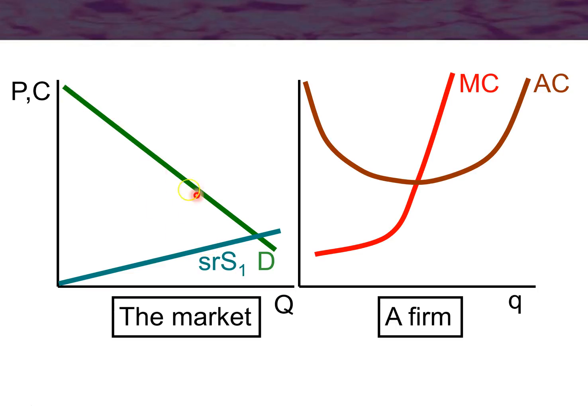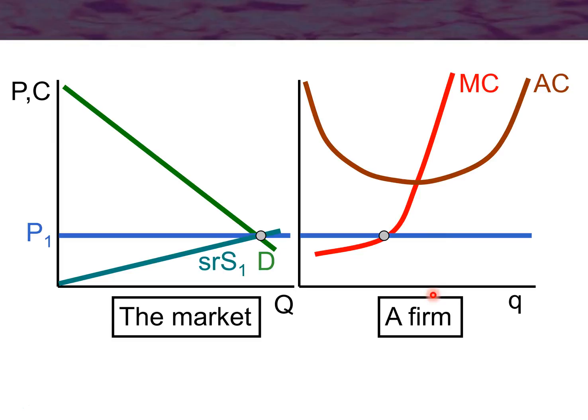This is the supply and demand curve for an industry, and this is going to be for a perfectly competitive firm. And you can see this is establishing the market price, and this is going to set the price for the firm over here. And as you can see, this price is below average cost, which means this firm is taking a loss.